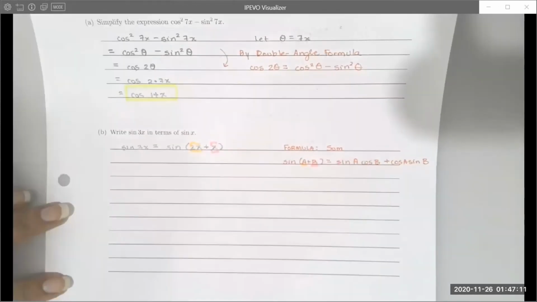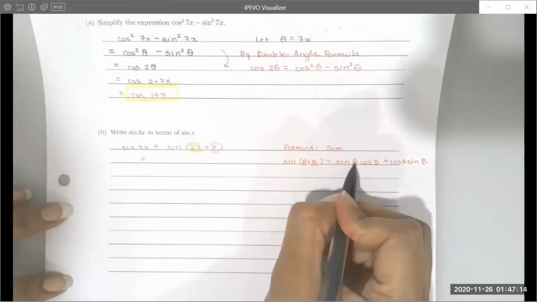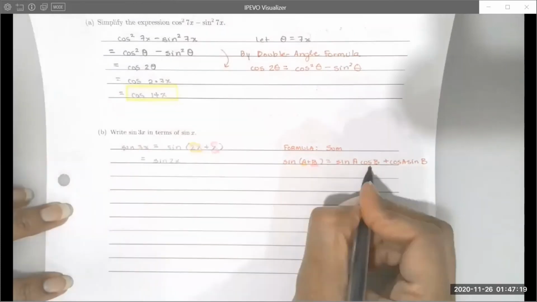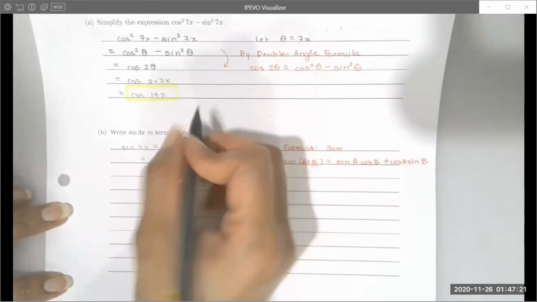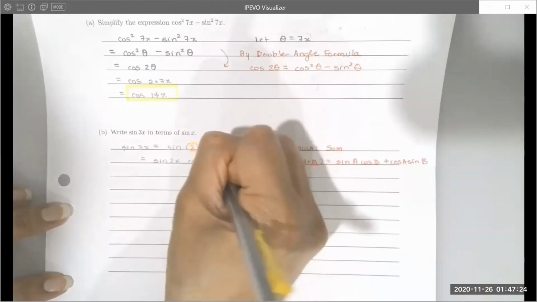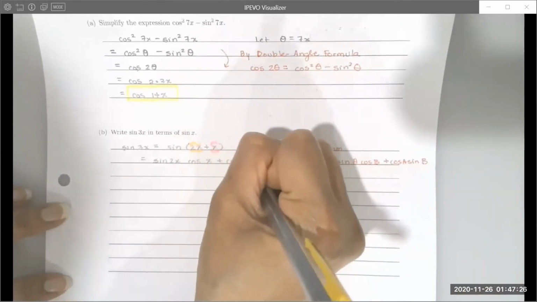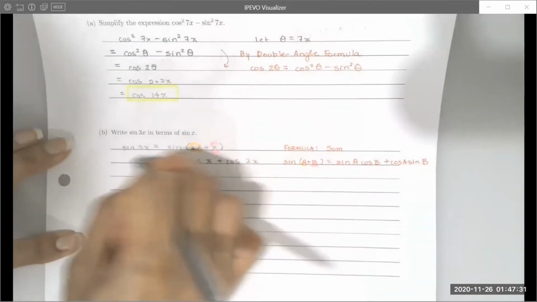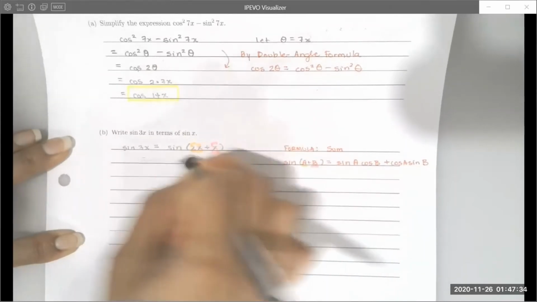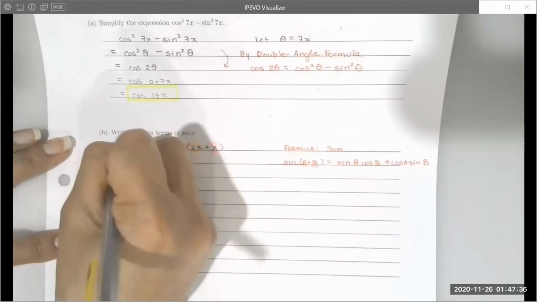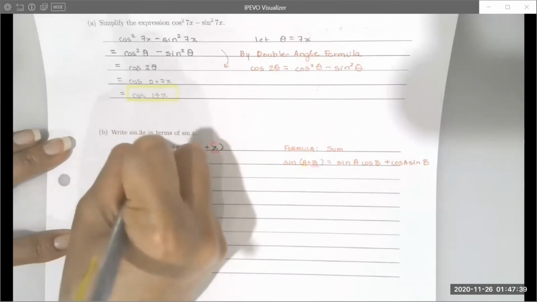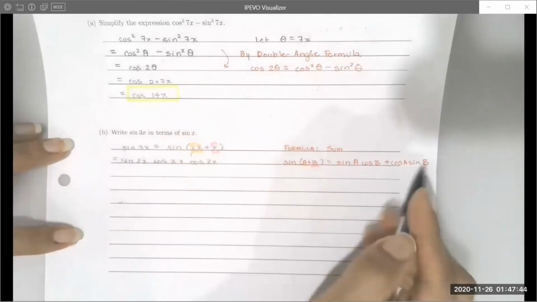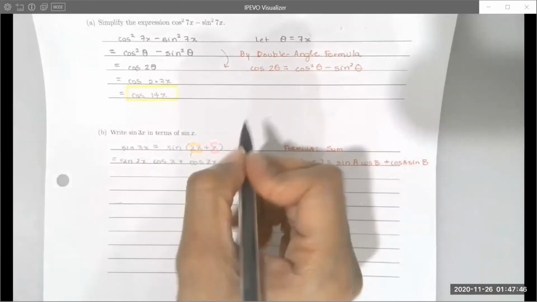So if we apply the formula, that means that we have sine of angle A, that's sine of 2x, times cosine of angle B, so that's times cosine of x, plus cosine of angle A, so that would be cosine of 2x. Ooh, I didn't leave myself enough room, so let me just shift this over. Okay, and then finally times sine of angle B, so that would be sine of x.